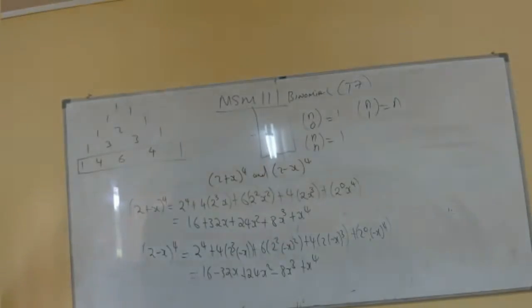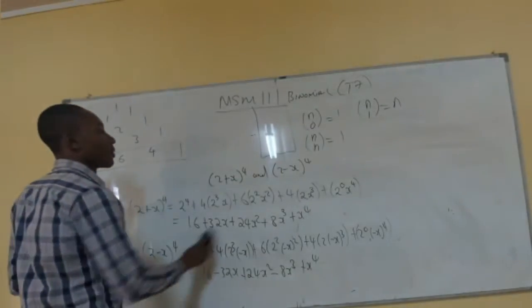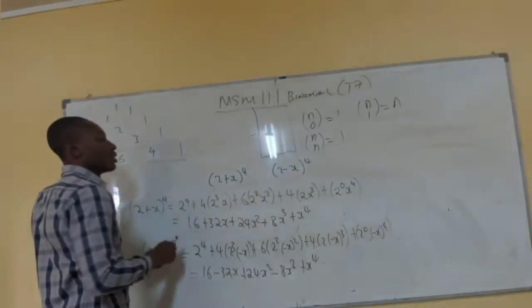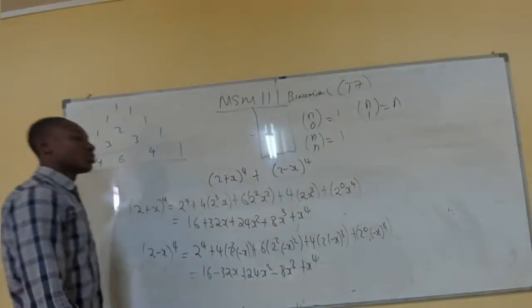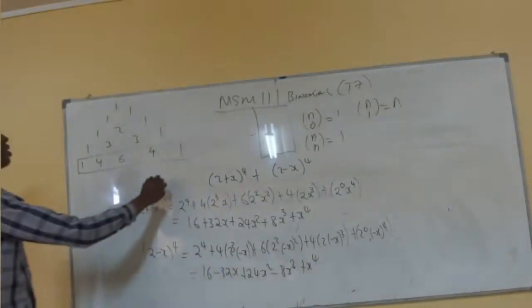Part 2 says, hence simplify 2 plus x to the power 4 plus 2 minus x to the power 4. Hence simplify. This is part 2 now.